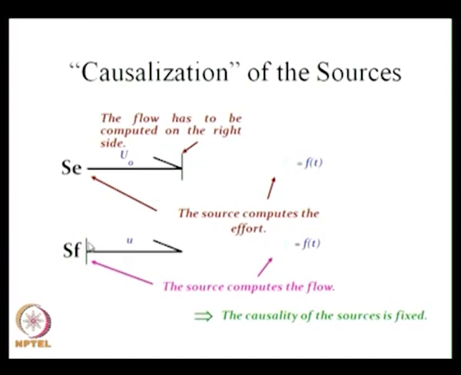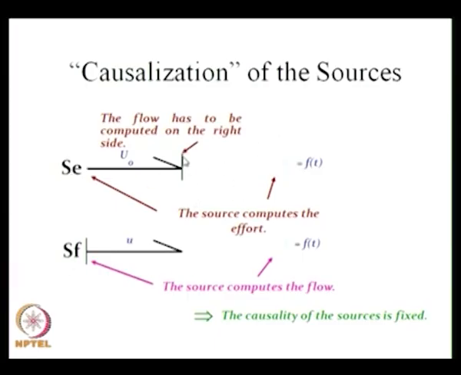Similarly for the source flow SF, the causal stroke is here, so therefore the flow has to be calculated here and effort is to be calculated on the other side. So the source computes the effort here and the source computes the flow there. That is how we give the causality stroke, and these are the mandatory causalities for source effort and source flow.